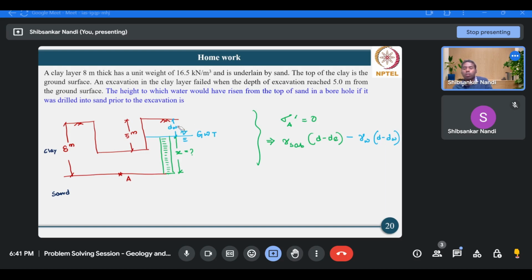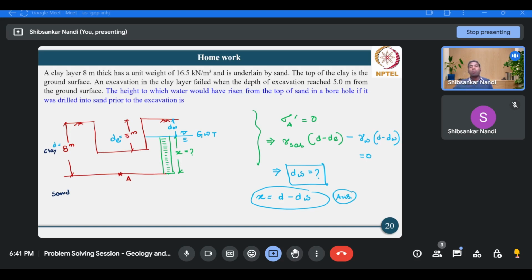So this is your de, this is your d. So this will be 0. From here you have to first calculate dw. If you want to know dw, then your x would be simply d minus dw. Okay, so this would be the answer.